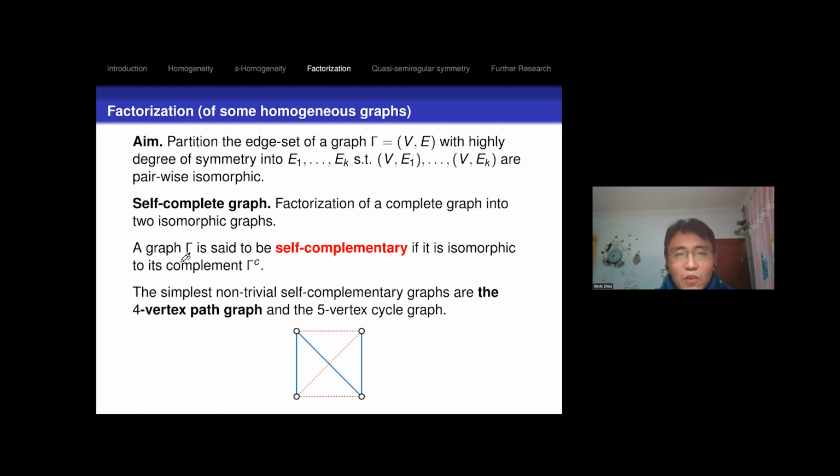A graph gamma is said to be self-complementary if it is isomorphic to its complement, gamma C. Here is an example. The 4-vertex path graph, you can see, is a self-complementary graph. And also, you can check the 5-vertex cycle graph is also self-complementary.